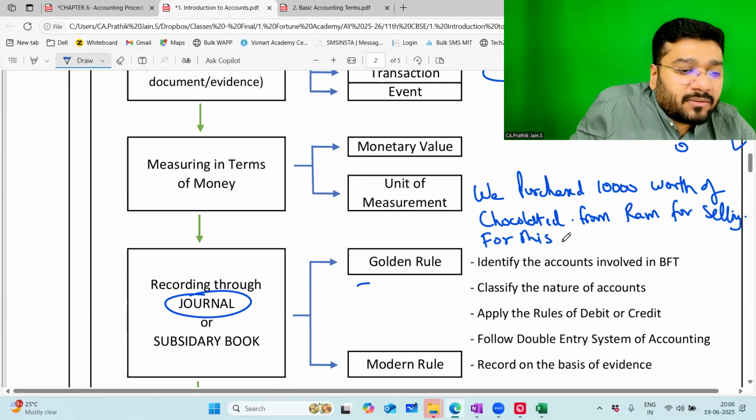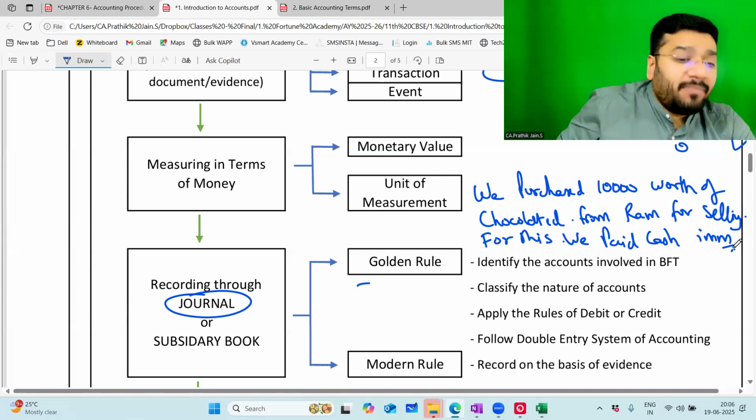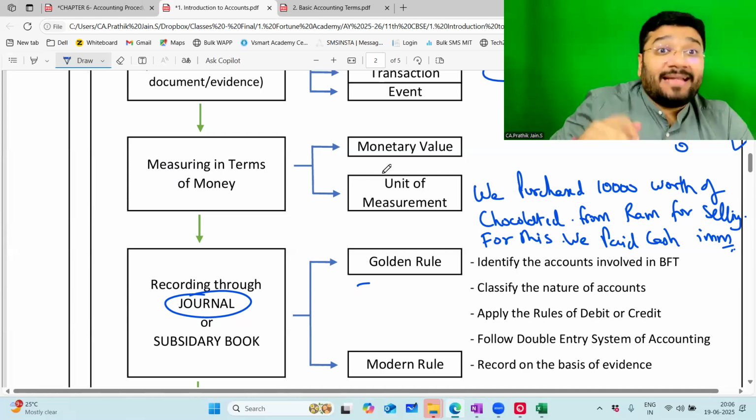For this, we paid cash immediately. We purchased 10,000 worth of chocolates from Ram. For what purpose? So that we can sell it.